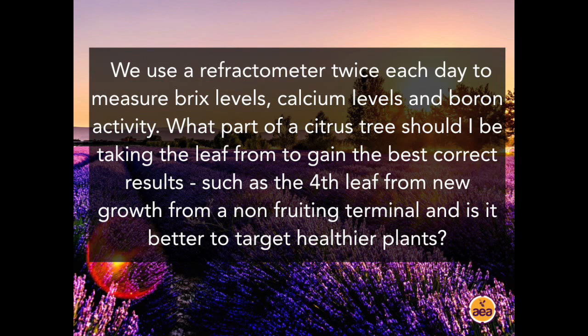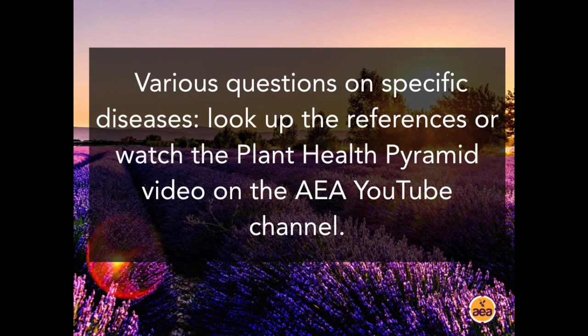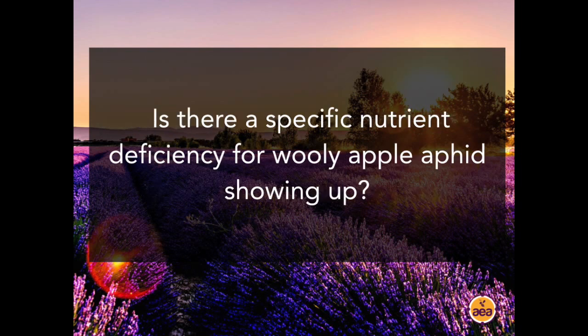It's a very good question. There are a few more questions that have come through on specific diseases and specific insects and particular nutrient profiles that they might correlate with. I don't know exactly what the answers are for several of them, such as rose rosette disease. There's a question here on woolly apple aphids.